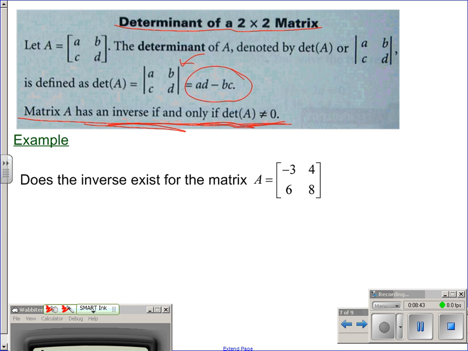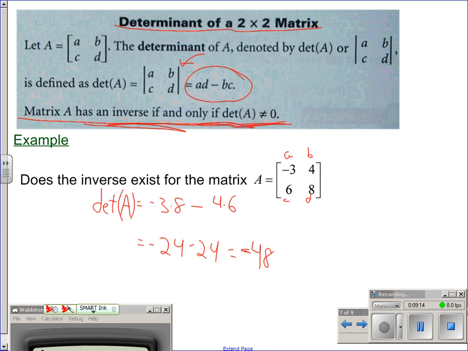So, looking at this example here, does the inverse exist for matrix A? All right, so this is A, B, C, and D. We do A times D, -3 times 8. This is for the determinant of A. -3 times 8 minus B times C, 4 times 6. -24 minus 24 is -48.